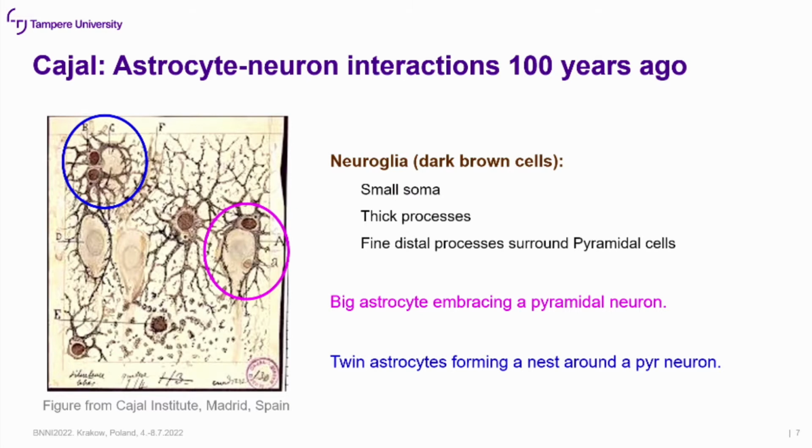For example, there is this big astrocyte in pink that is close to the pyramidal cell, and then you also have twin astrocytes forming a nest around another pyramidal cell. This was shown already 100 years ago, but we have mostly neglected these cells because we thought that they are only there as a glue, supportive cells.